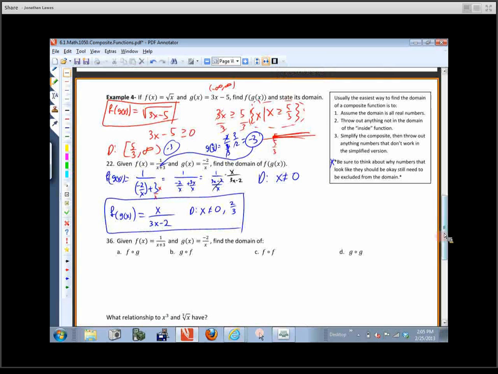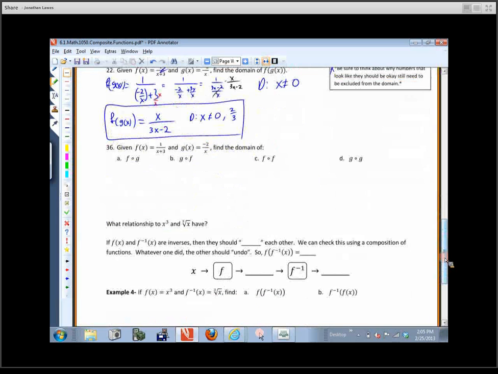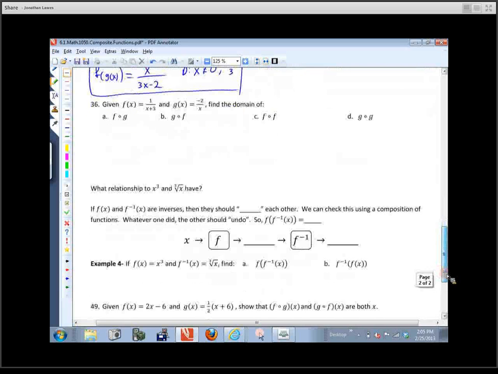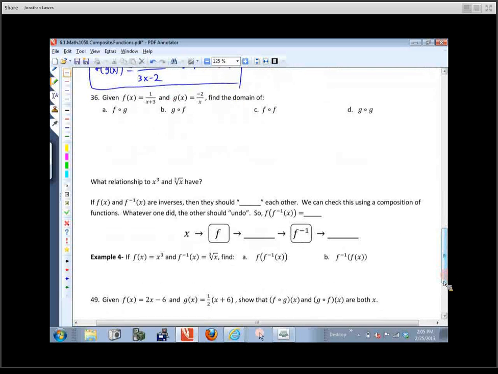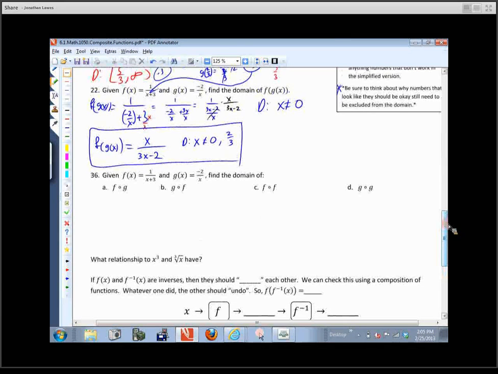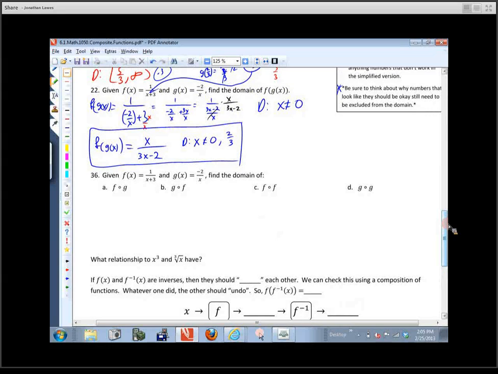Okay, let's take a look at the next couple. This is problem number 36, and you have several problems on your assignment that have multiple parts. What would be really nice is if we could figure these out relatively quickly. I think I did you a favor. Do you notice anything about 22 and 36? It's the same equation, part of it is the same.